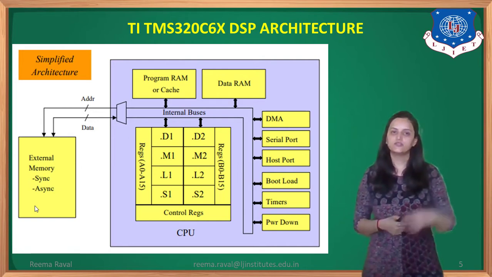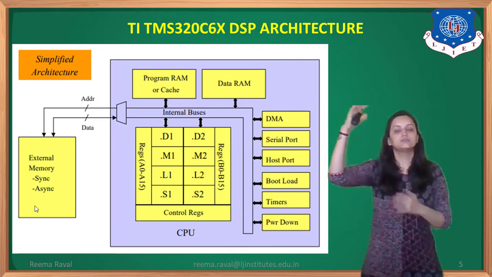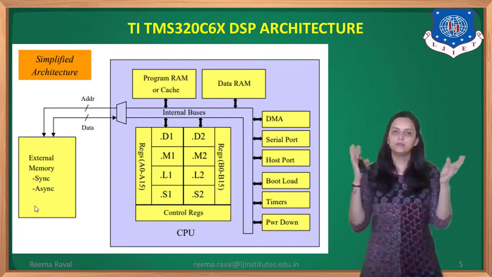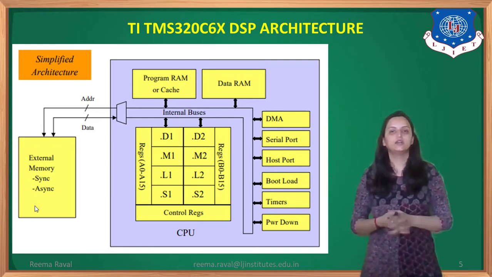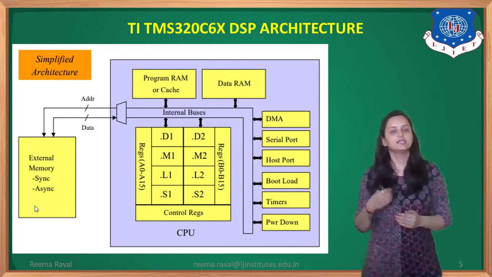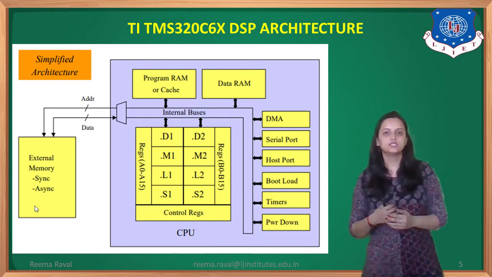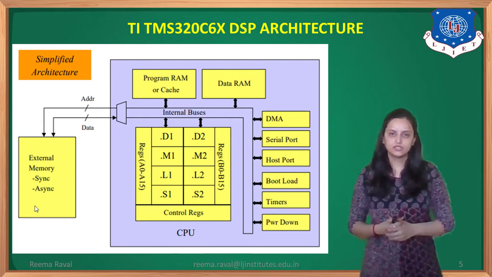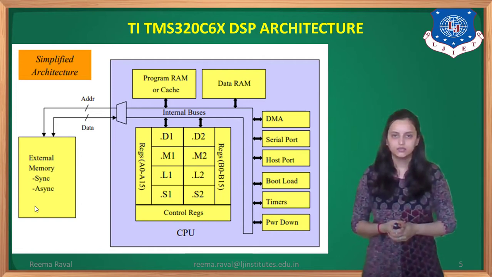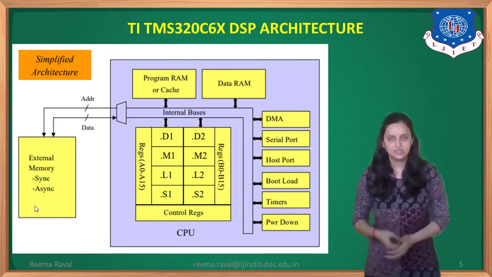Here you can see the first one is program RAM or cache, and beside that the data RAM is there. Program RAM and data RAM are accessed using the internal bus. The other blocks are DMA, serial port, host port, bootloader, timers and port drivers. These are connected to the buses for the CPU.